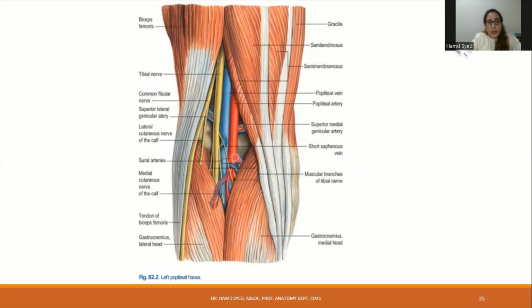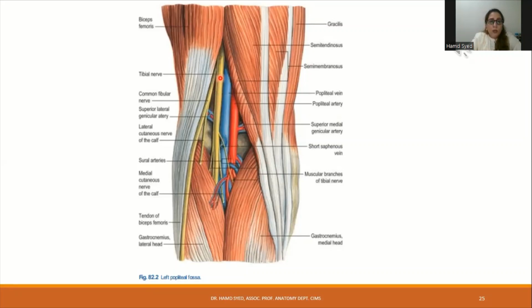Now, here are the contents of the popliteal fossa. As I told you, the deepest structure is the popliteal artery. Behind that is the popliteal vein. If you recall from the previous lectures, the popliteal artery and vein, collectively known as popliteal vessels, are the continuation of the femoral vessels from the adductor canal as they exit the adductor hiatus and enter the popliteal fossa.